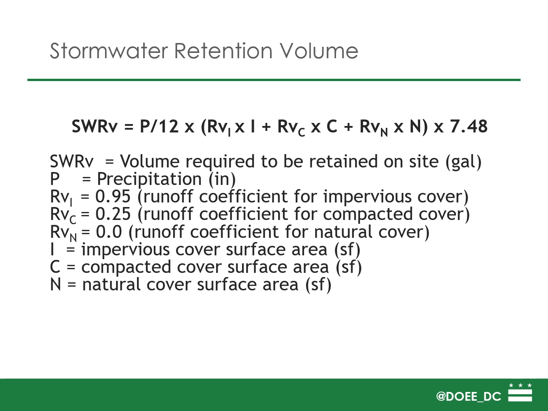There are some conversions in this equation to get it from gallons and feet and cubic feet and to get all the units to match up. So this is the way that the SWRV, or the stormwater retention volume, is calculated for the proposed site.